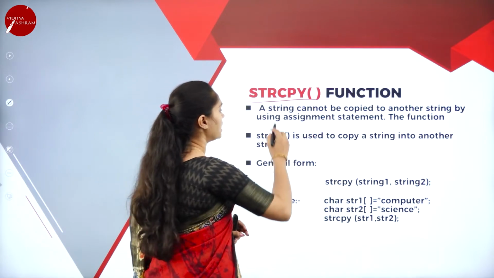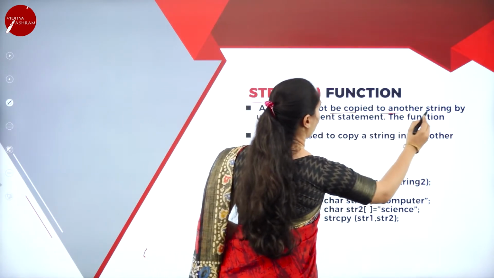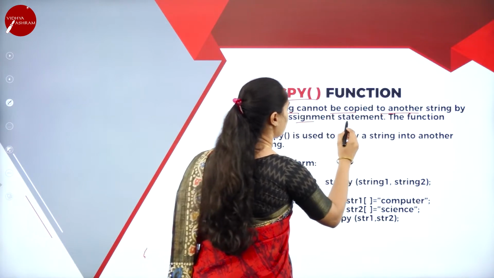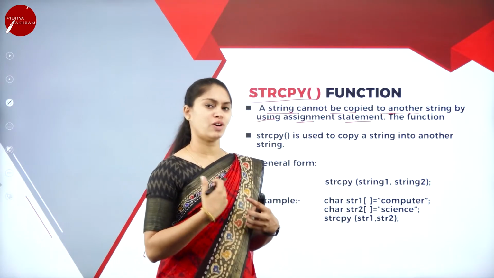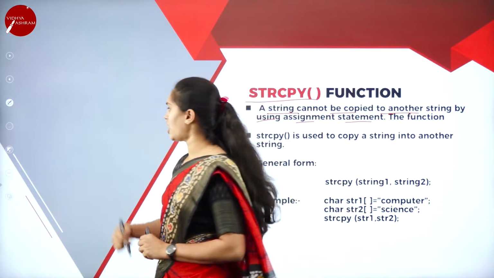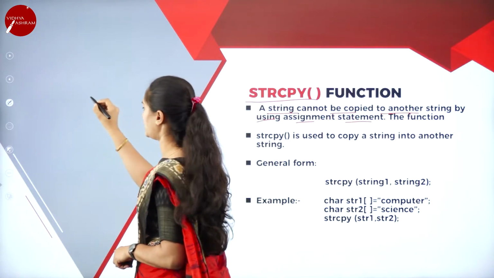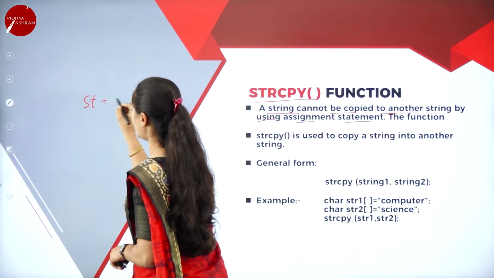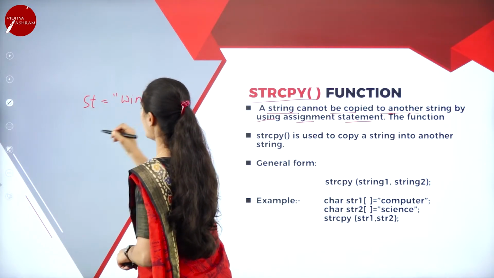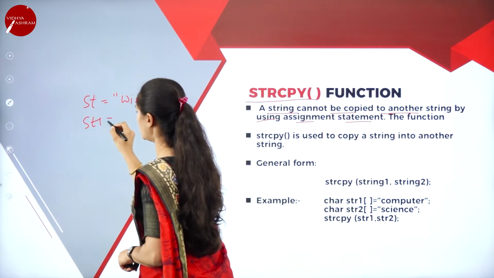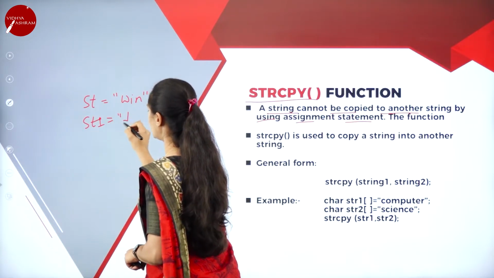A string cannot be copied to another string by using an assignment statement. If I want to copy the content of one string to another string, I can't do it with the assignment operator. For example, st is equal to win, and st1 is equal to dose.